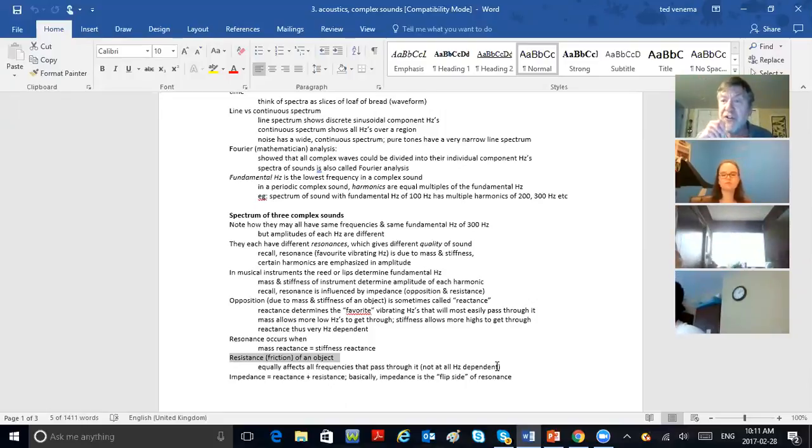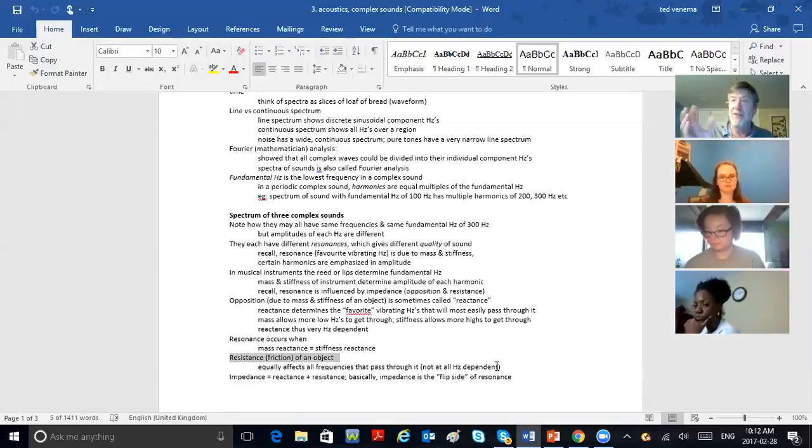Now, think of resistance like simple friction. And in any object, its resistance to sound is the same for all frequencies. Think of resistance like sliding your foot across the floor, or taking a book and trying to slide it across the floor. Eventually, friction stops the book moving.